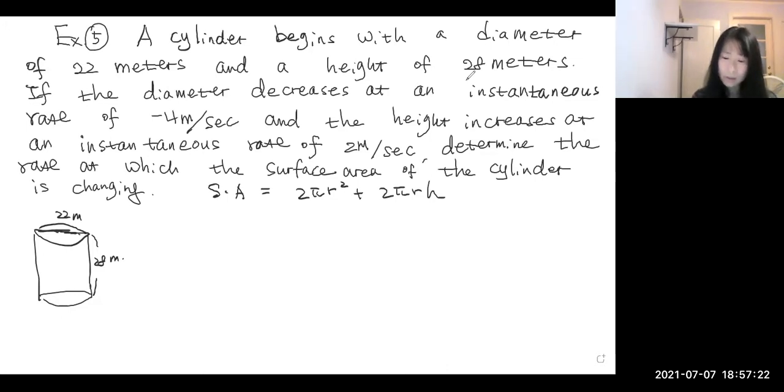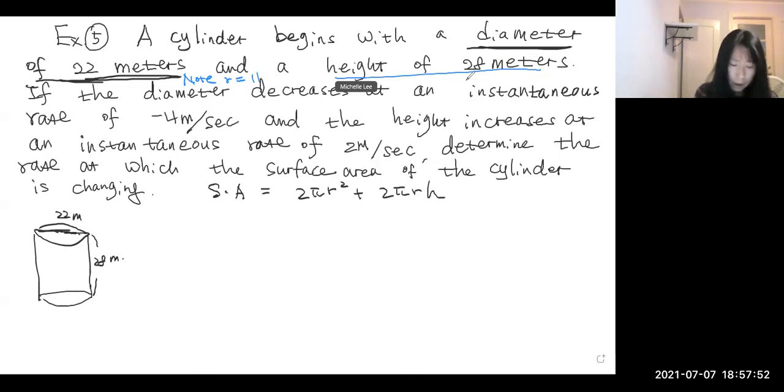In this case they give us the diameter, right? Then how do you find the radius? It's half the diameter. Yes, so it's 11 in this case. How about this, this is the height, this is h, and then what is this?